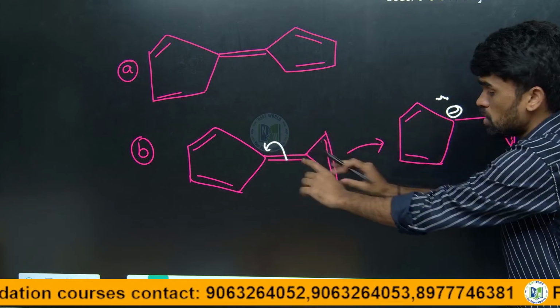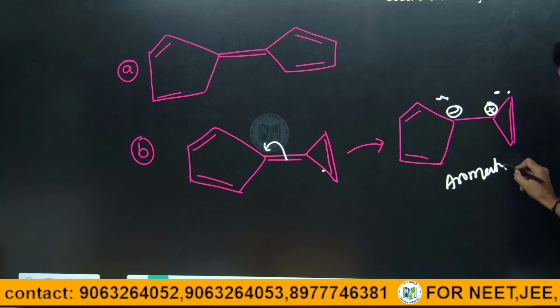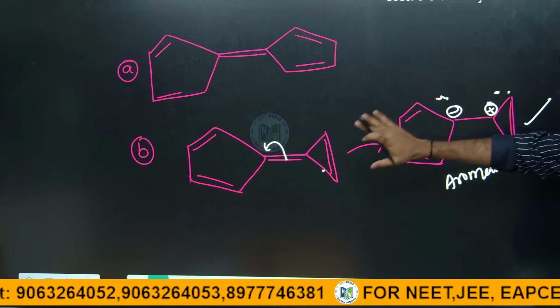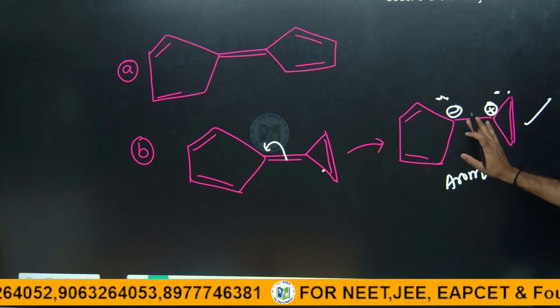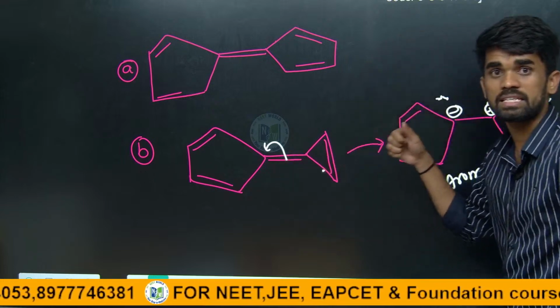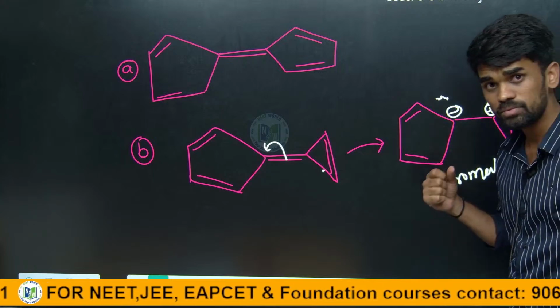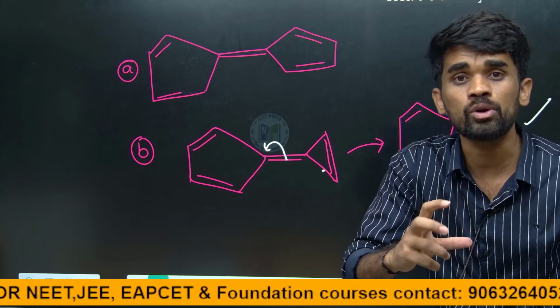So due to this reason, instead of having a double bond, it will exist with a single bond. When it exists with a single bond, it has a low rotational barrier.